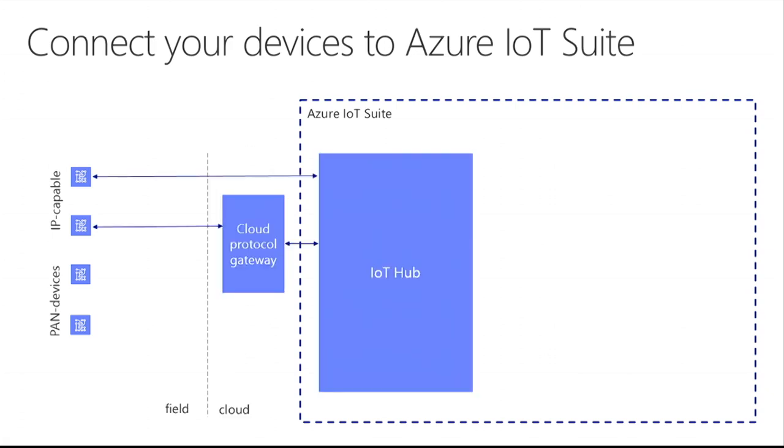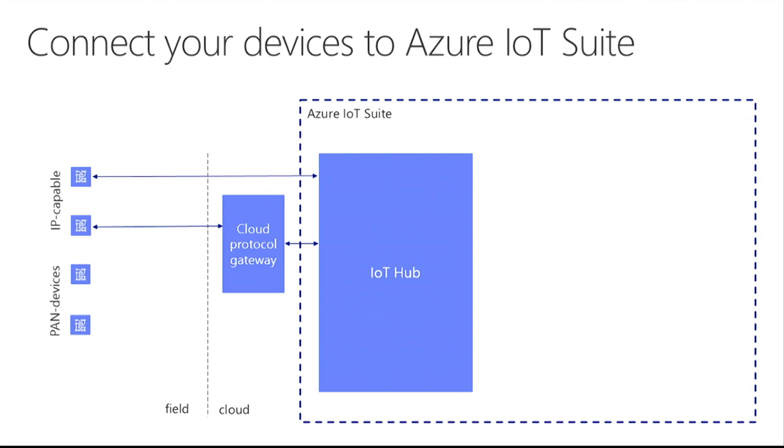The IP-capable devices can connect directly to Azure IoT Suite through this component called IoT Hub, that we're going to explore much more deeply in this talk, or through a cloud protocol gateway in case these devices do not interface with a protocol that is natively supported by IoT Hub.